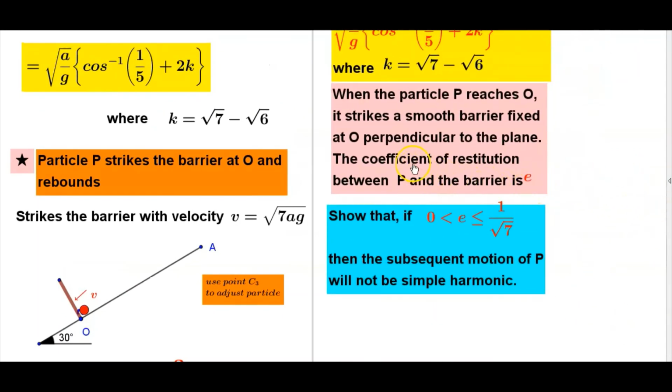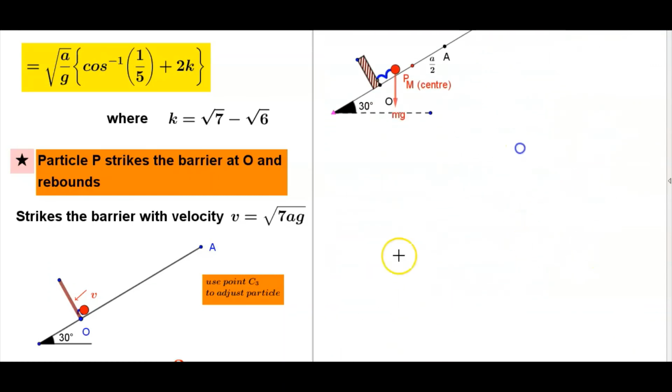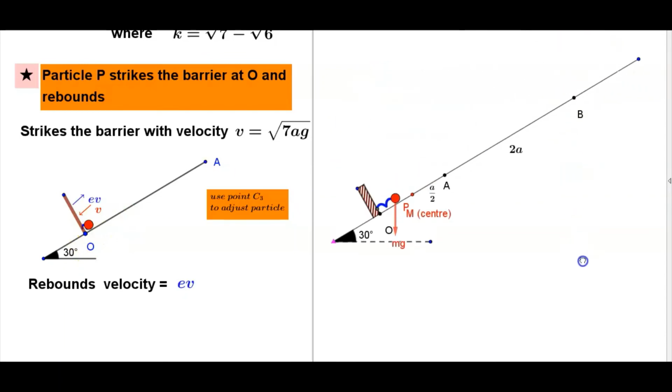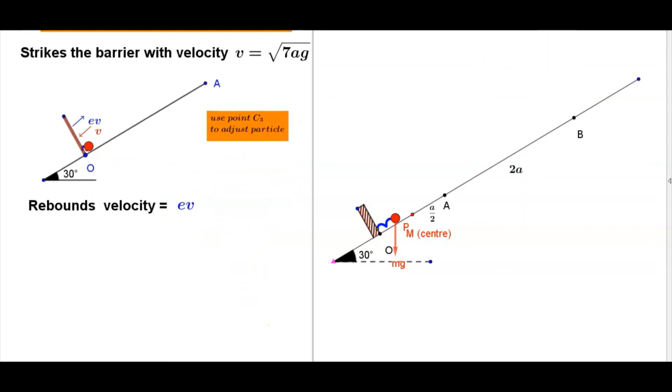We are given that the coefficient of restitution is E. Therefore, strike velocity V gives rebound velocity EV, where E is the coefficient of restitution between this barrier and the particle. Therefore, the rebound velocity is E times square root of 7 AG.